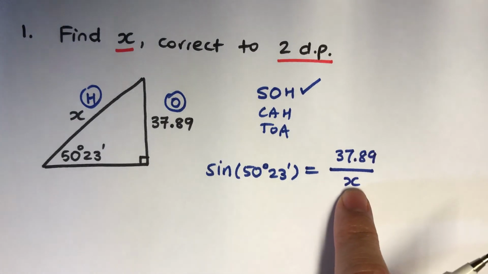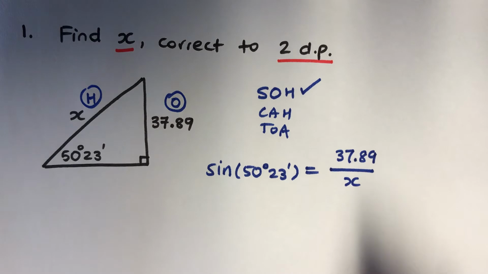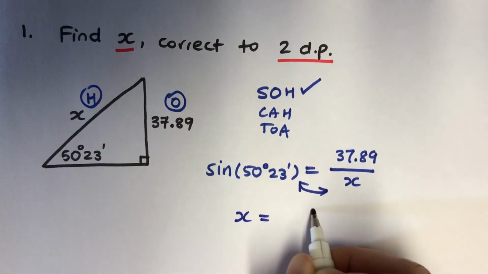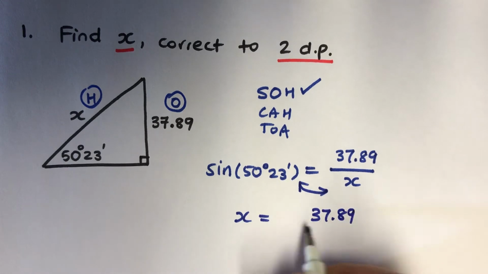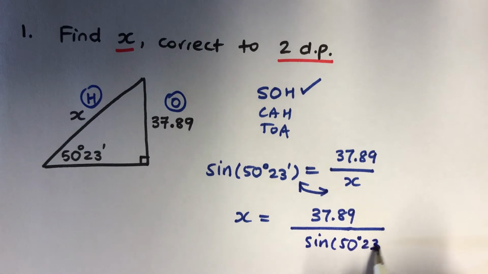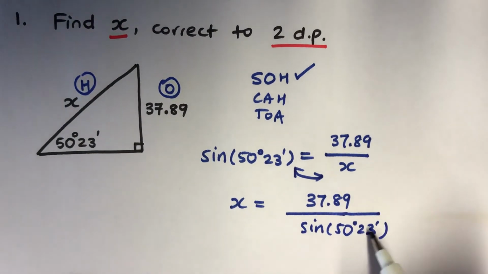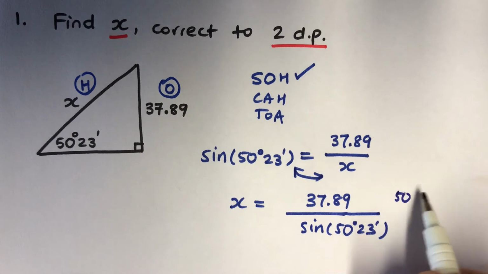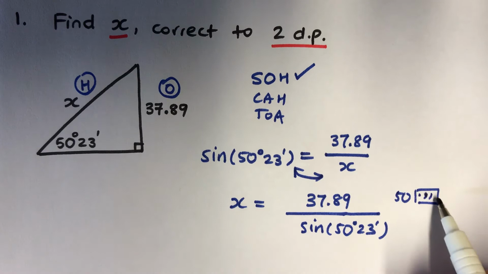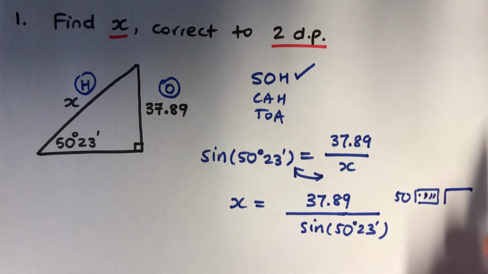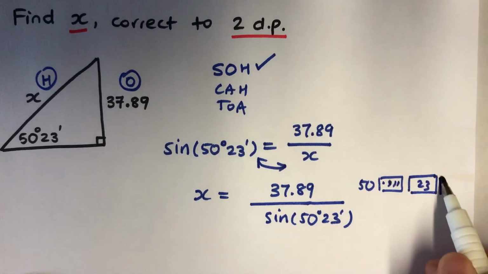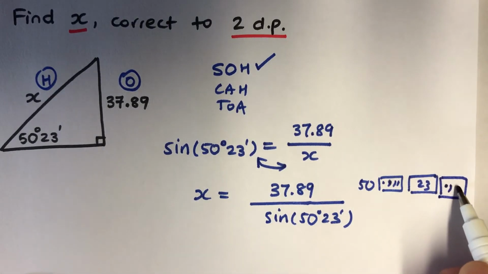Now, when the unknown is on the denominator, we just have to swap it. So it'll be x equals 37.89 divided by sine 50 degrees 23 minutes. Don't forget, when you do this in your calculator, you press 50 and the degrees, minutes and seconds button, then you press 23 and you press the button again.